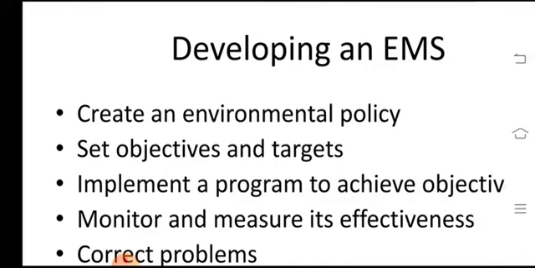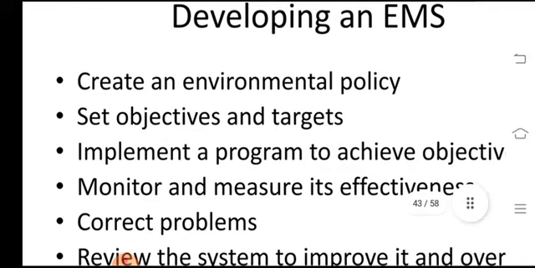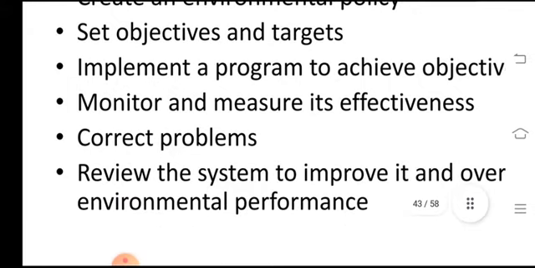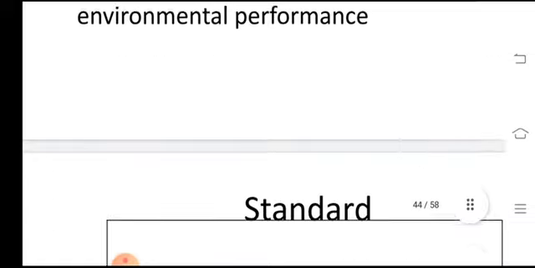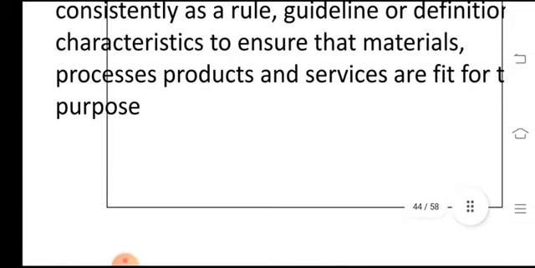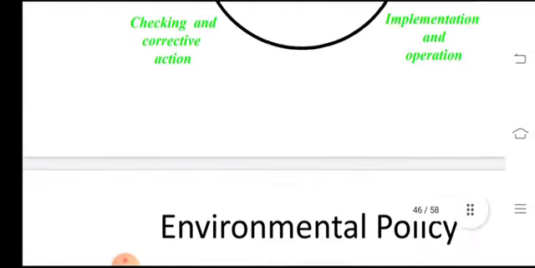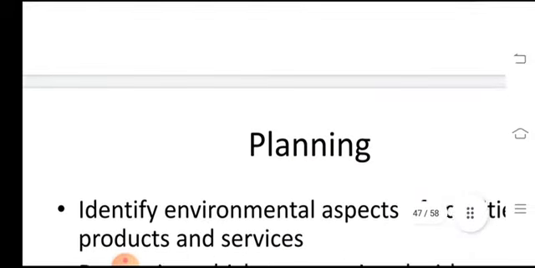So first of all, starting with the policy, then objectives, and then implementing a program, correcting the problems, reviewing the system. We have talked about it. Please just go through. This is again the same cycle.